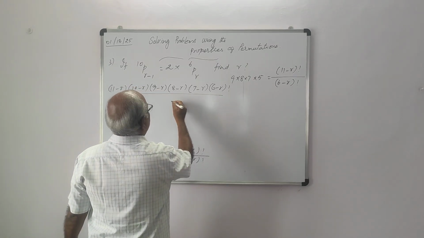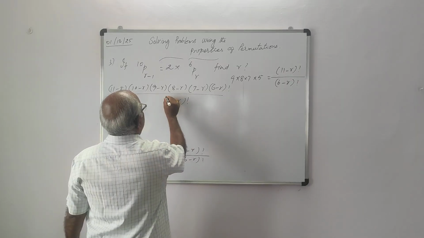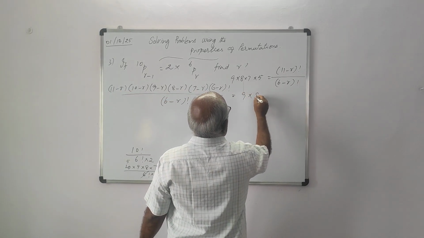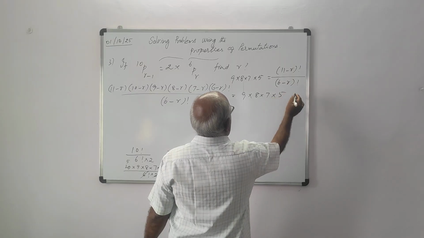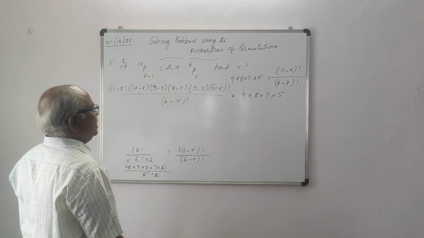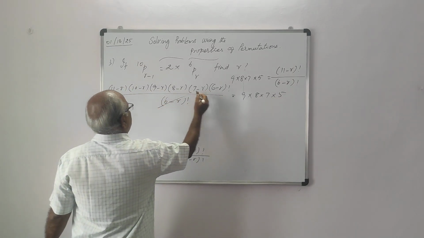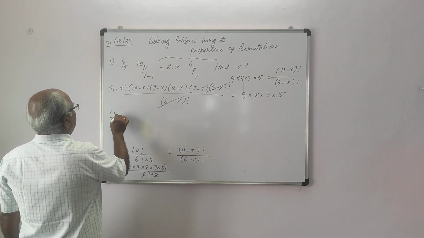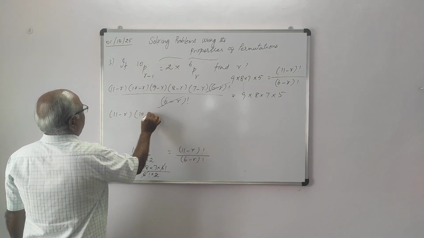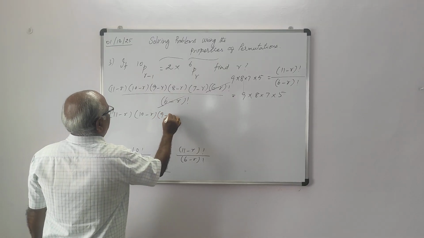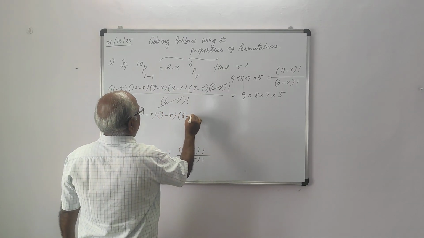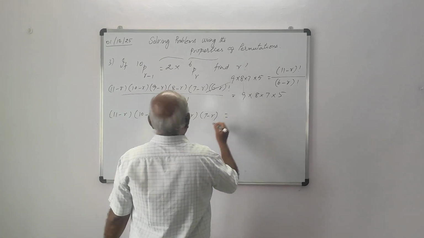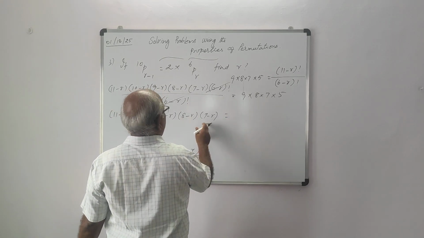Already in the denominator you will get 6 minus r factorial, equal to right hand side 9 into 8 into 7 into 5. Okay? And this 6 minus r factorial can be cancelled, numerator and denominator. You will get 11 minus r, 10 minus r, 9 minus r, 8 minus r into 7 minus r equal to, 1, 2, 3, 4, 5 terms are there.